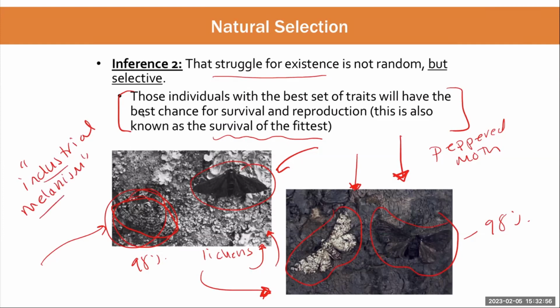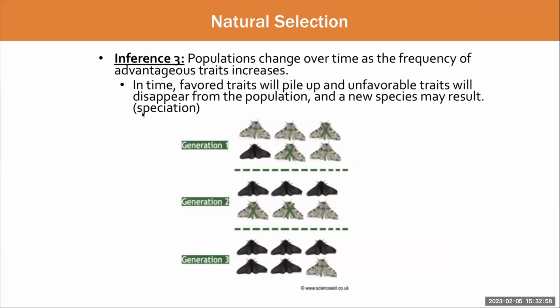There's some interesting examples. Okay, so I elaborated on that example to demonstrate inference 3, that populations change over time as the frequency of advantageous traits increase, okay? So this is a simplified version of the peppered moth example, where again, in generation 1, kind of pre-industrial revolution, you have a population that's made up primarily of the light morphs.